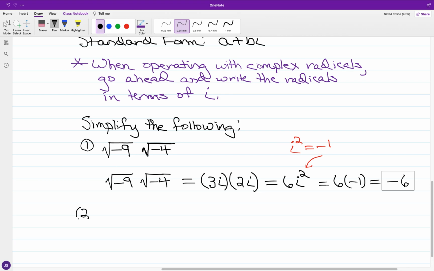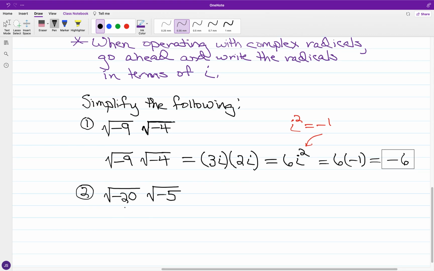Now another case here. Both -9 and -4 were negative perfect squares. Let's say we have something like the square root of -20 times the square root of -5. Again, anytime you see square roots of negatives, go ahead and extract the letter i.